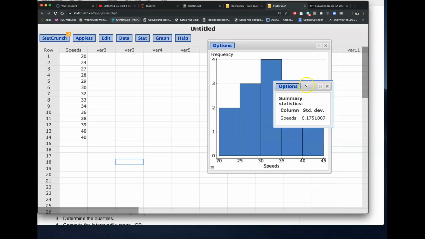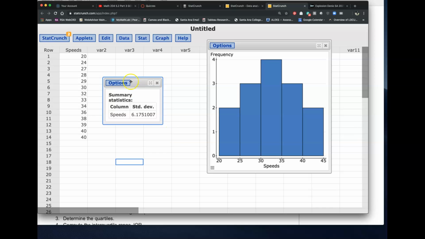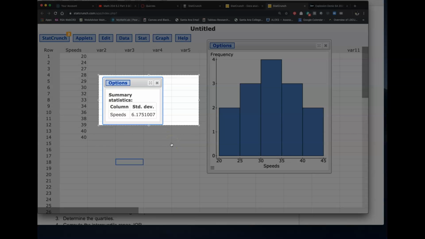Compute that, and you get an answer of 6.175. That's what we would get for the standard deviation for that first question.